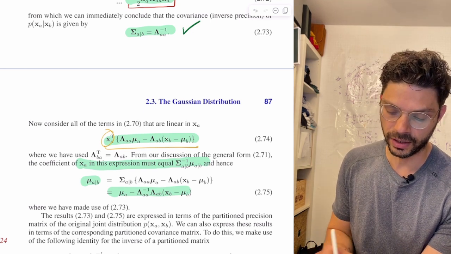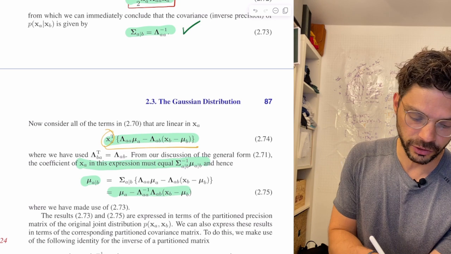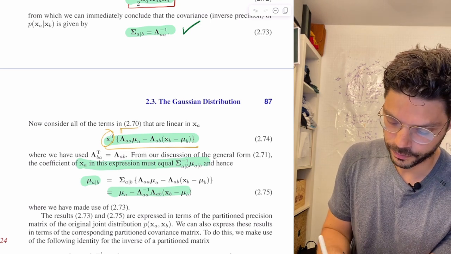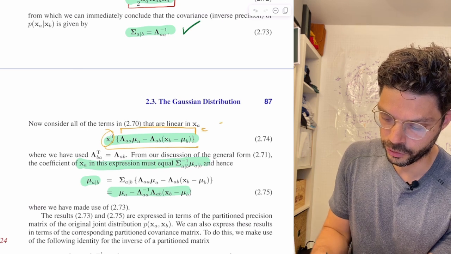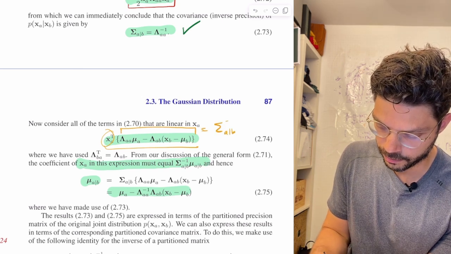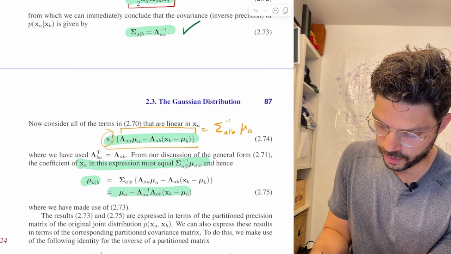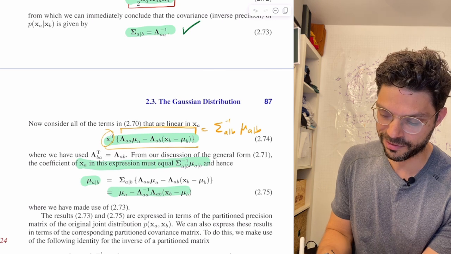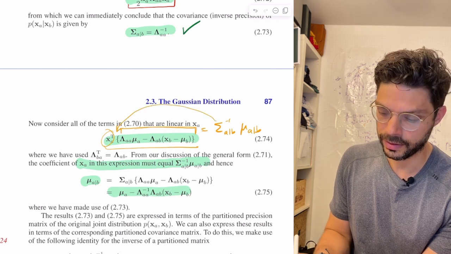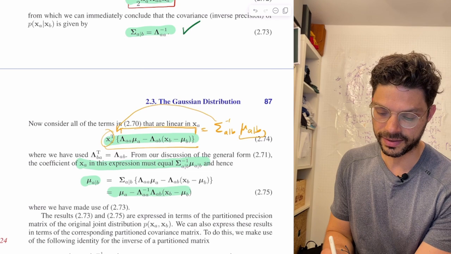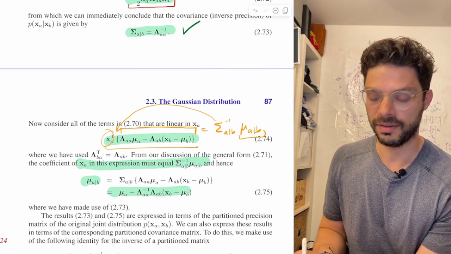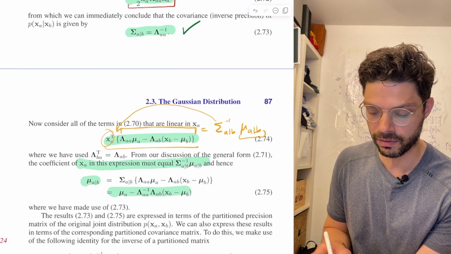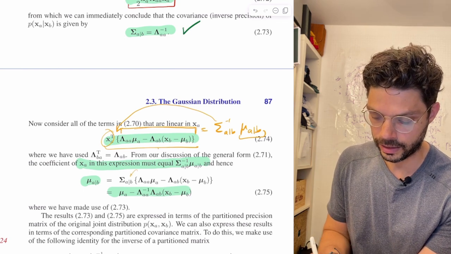So essentially, this linear term is going to equal the precision we got, times mu of A given B. Now if we multiply this on the left by this, then we will just get this out, which is exactly what we're doing. Notice that this covariance of A given B is now multiplying this linear term.